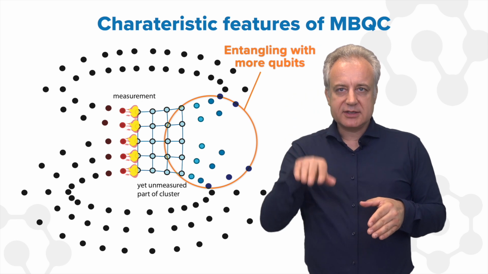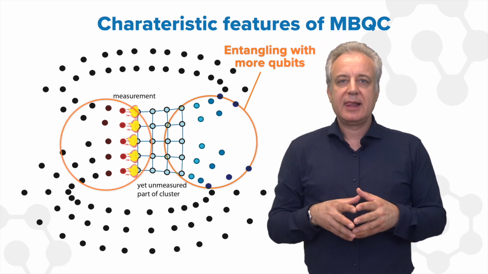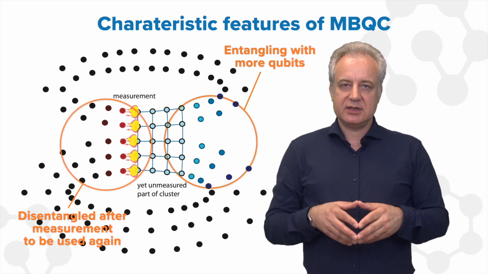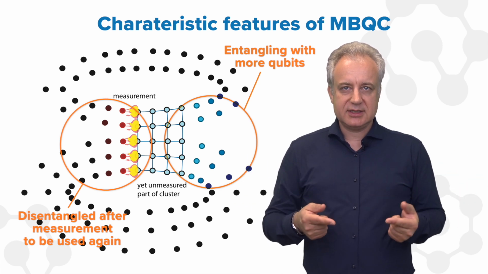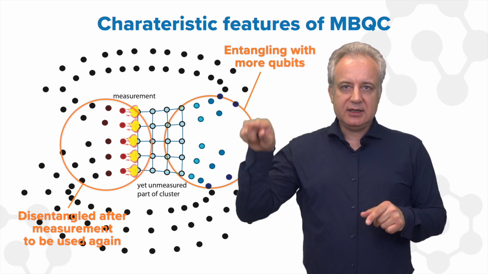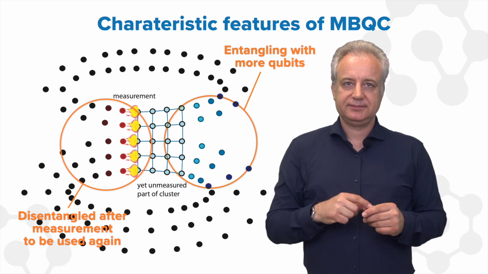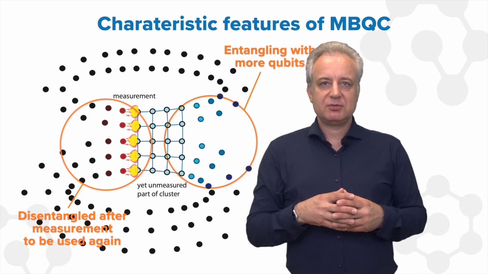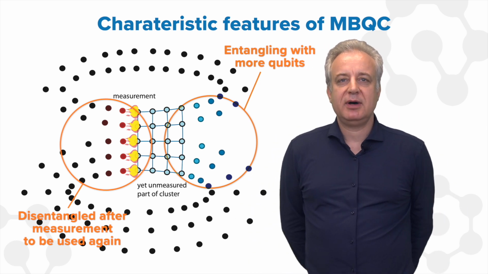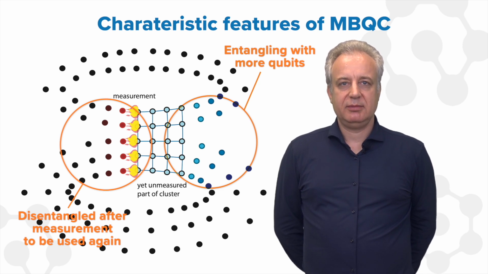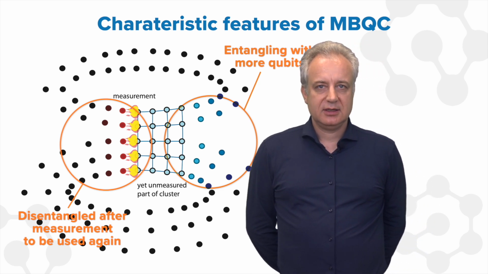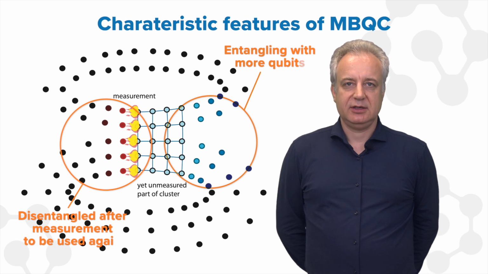And on the other side, you make it shorter by measuring the qubits. And after the measurement, the qubits are disentangled, they are released, and they can be used again. So in this conveyor belt fashion, you get by with a much smaller number of qubits. And that's indeed used in some implementations.